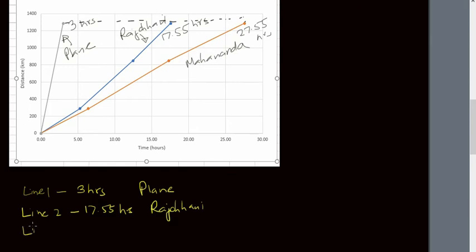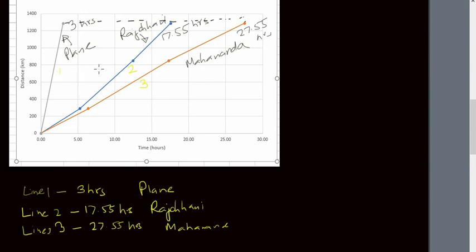And line 3 took 27.55 hours, and this is Mahananda Express. So we can say it's very clear that this is 3, this is 2, this is 1.